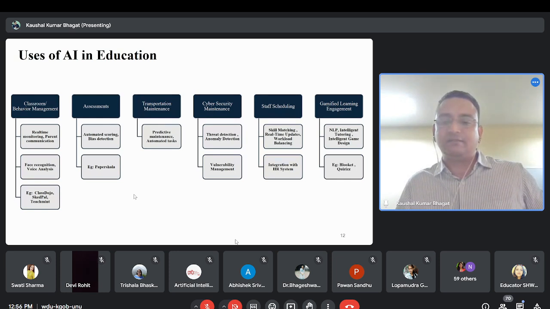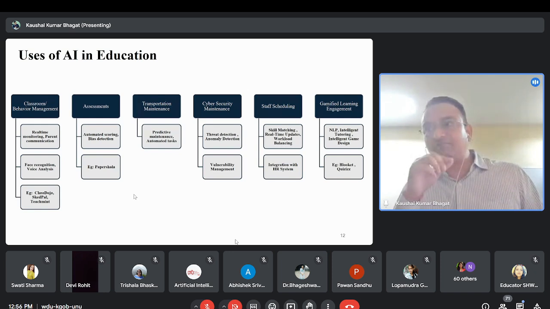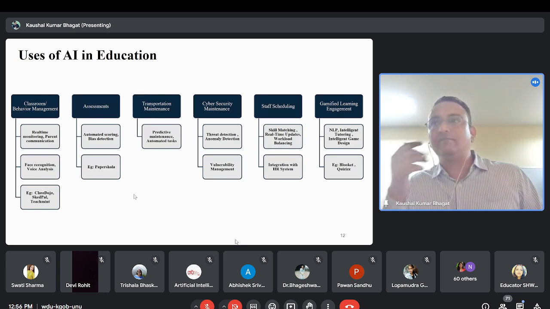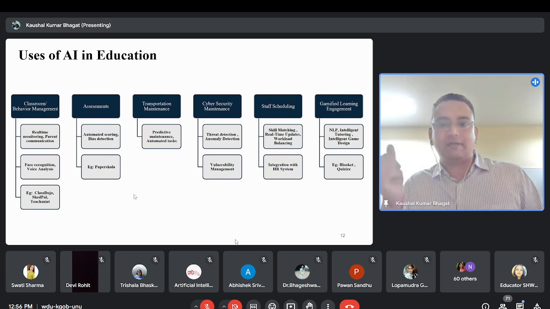So this type of artificial intelligence could be implemented in the HR system, because teacher effectiveness is one of the key areas. If the teacher likes the job, right? If the teacher is frustrated with the job, the output that we are expecting will not happen. So teacher satisfaction is one of the key components, right?